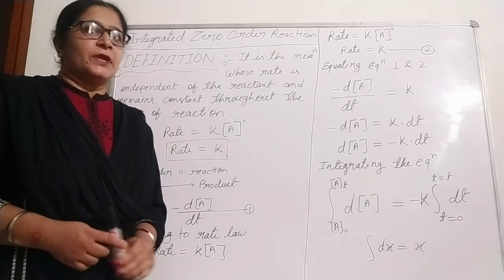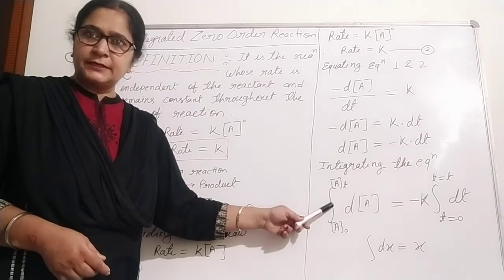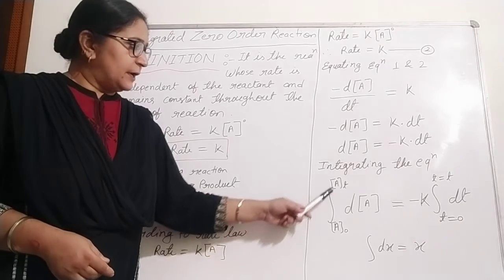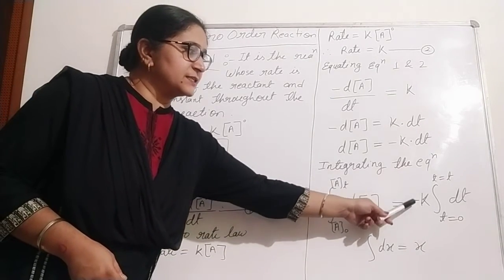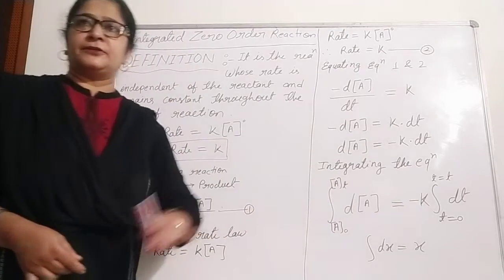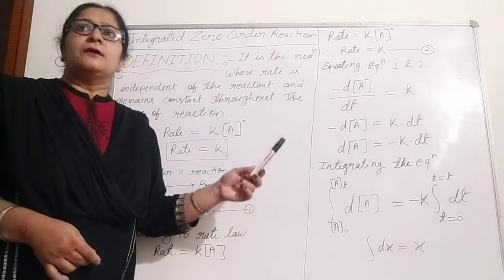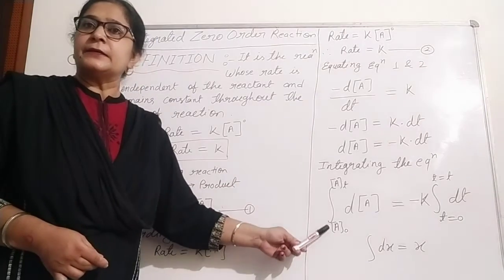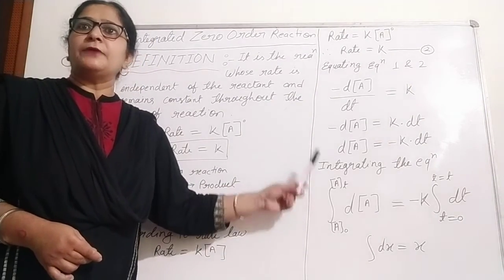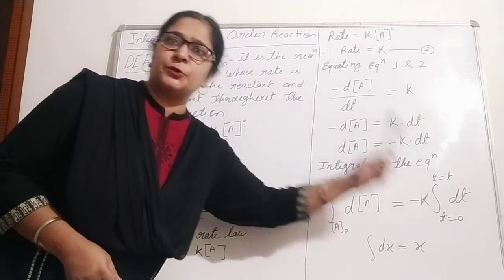Integrating the equation, we get the integral of dA is equal to minus K times the integral of dt. But the integration should be between limits, that is a lower limit and an upper limit.